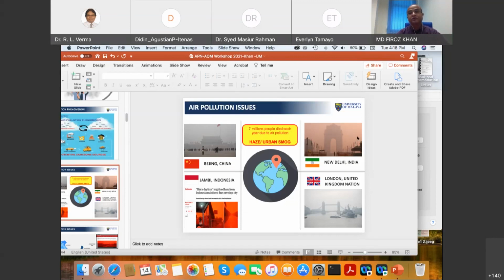If we talk about New Delhi, many participants here from the Indian region, South Asian region, you know, winter fog, and also the seasonal biomass burning. That integrates with local meteorological factors, and we experience the winter fog. And this is also an example of an air pollution episode in the Indian region.